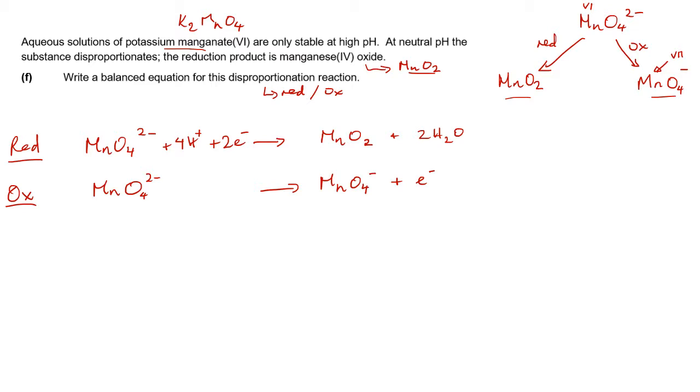Now when we want to add the two half equations together, we have to make sure that the electrons are going to cancel. So we're going to have to multiply the oxidation reaction by 2. So we would have 2 manganate(VI), 2 manganate(VII), and 2 electrons. Now we're just going to add them together. We've got 2 manganate(VI) on the oxidation plus the manganate(VI) on the reduction, so we've got 3 altogether.